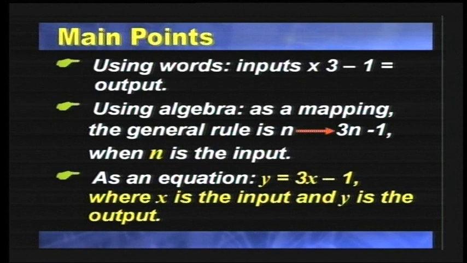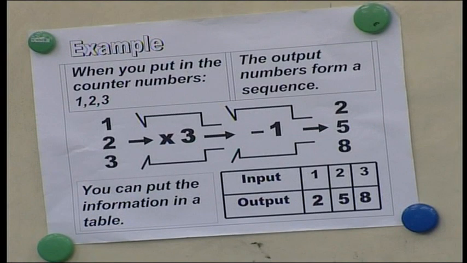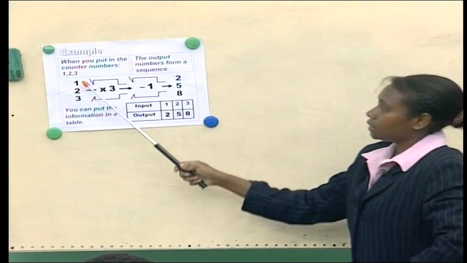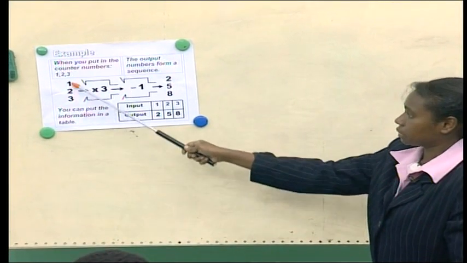Also, you can write your simple sequence as an equation: y equals 3x minus 1, where x is the input and y is the output. Okay, you can see that the numbers are shown there. It is derived from this function machine here. As a function machine, when you put in the counter numbers 1, 2, 3, these are the inputs.